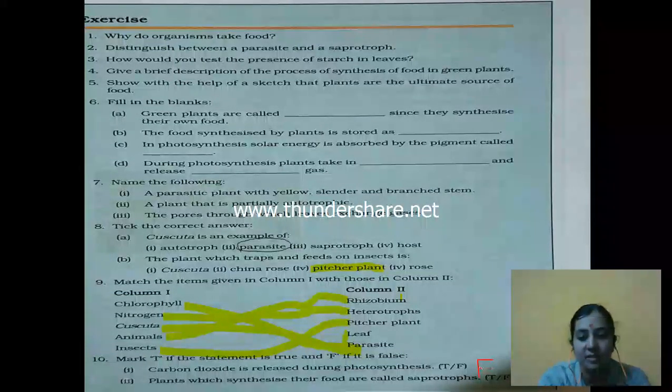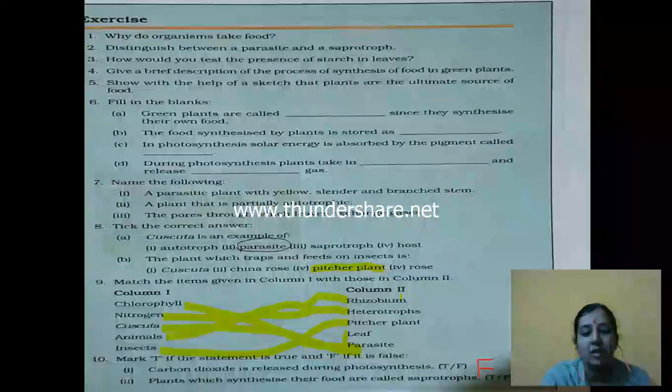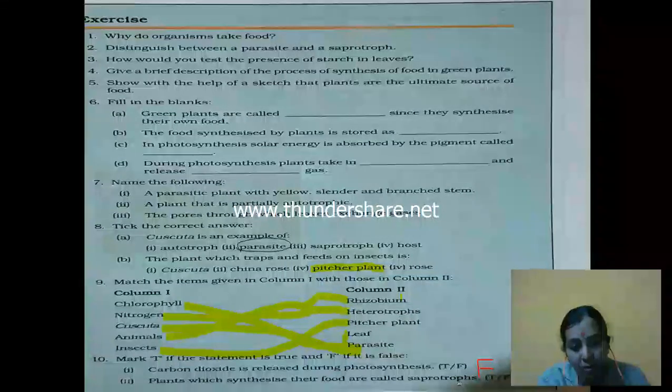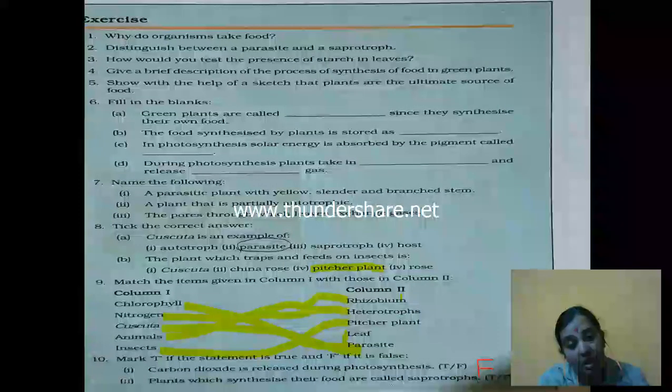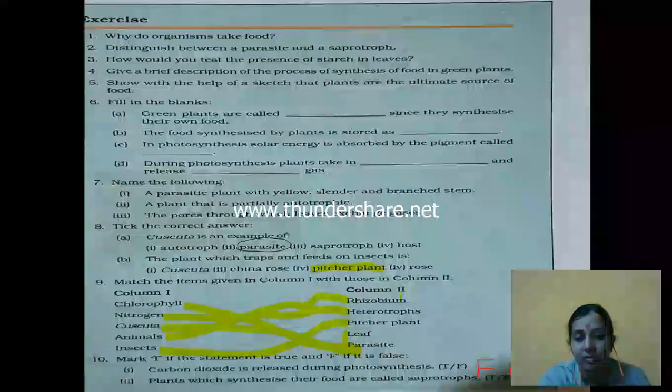Plants which synthesize their own food are called saprotrophs? No, it is not true. So it is again false.